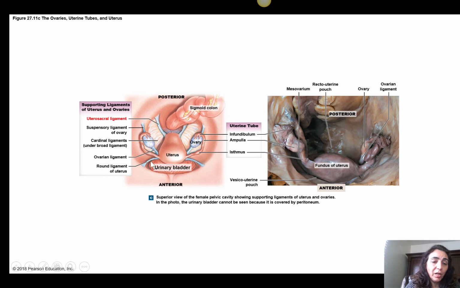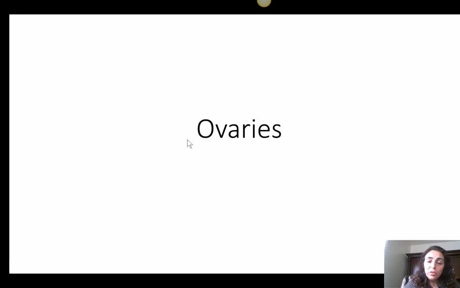And then another one is the round ligament, that from this corner of the uterus goes toward the anterior wall, that we call the round ligament of the uterus. Then you have a cardinal ligament that is located under the broad ligament here toward the side. So that was the general parts of the reproductive system in the female.